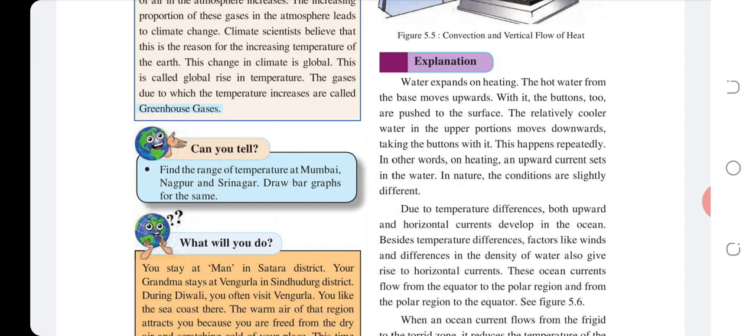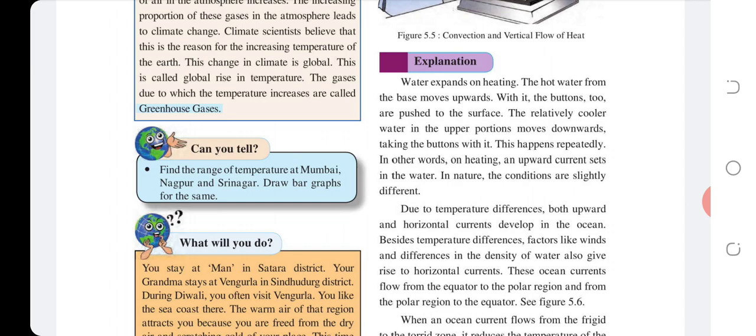The hotter water from the base moves upward with it. The buttons too are pushed to the surface. The relatively cooler water in the upper portion moves downward, taking the buttons with it. This happens repeatedly. In other words, on heating, an upward current is set up in the water.